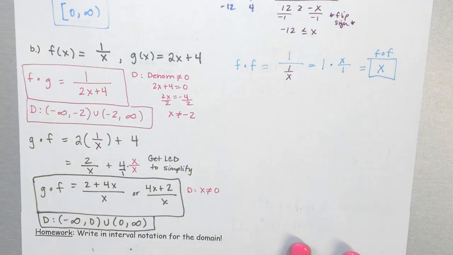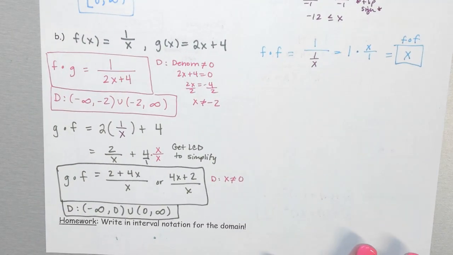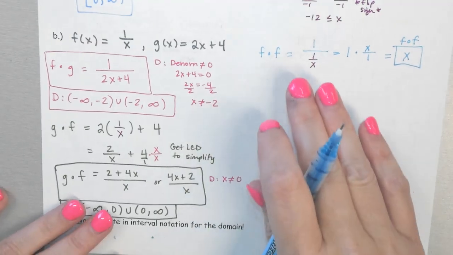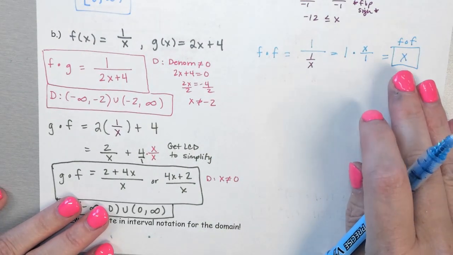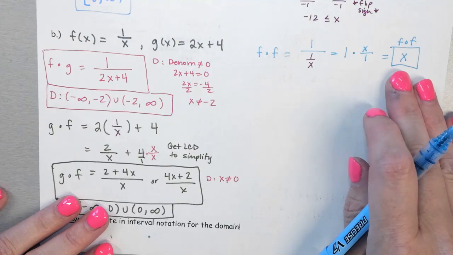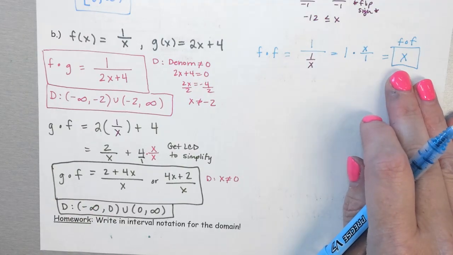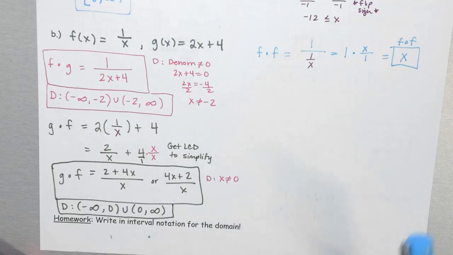Now, when you have fractions, what you have to be mindful of is if they simplify here, this is not going to give you what your true domain is. So whenever you have fractions, you have to check the first step and the last step.